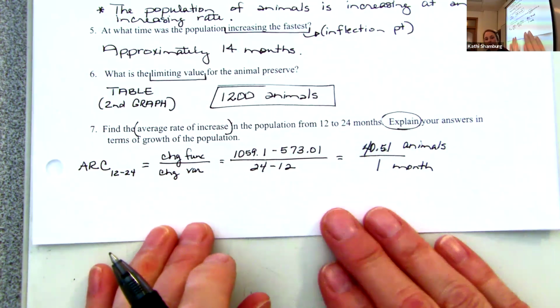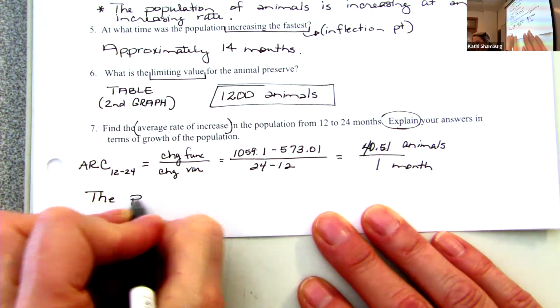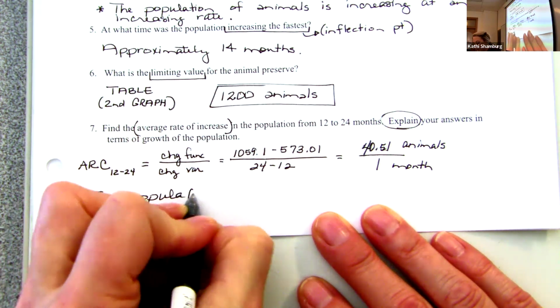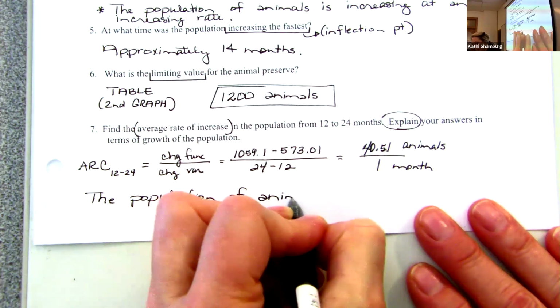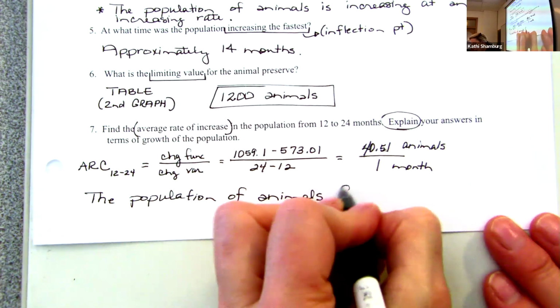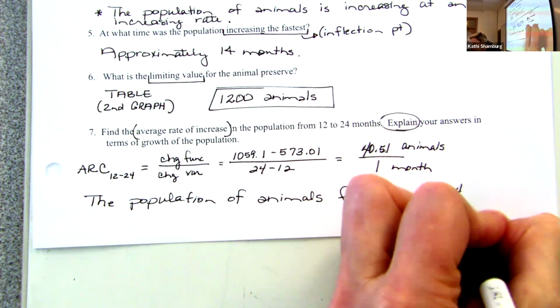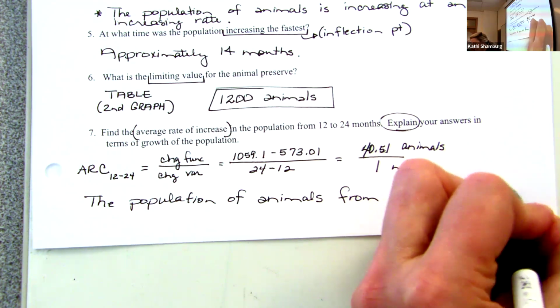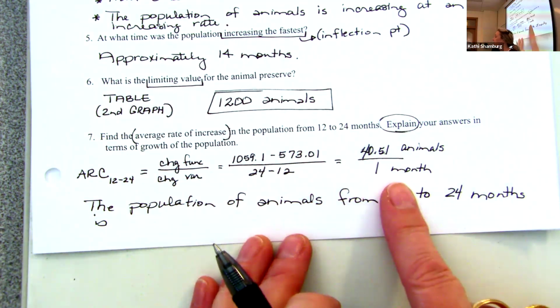So again, when we go to explain, we're talking about the population of animals from 12 to 24 months is, and what is it doing? Increasing.